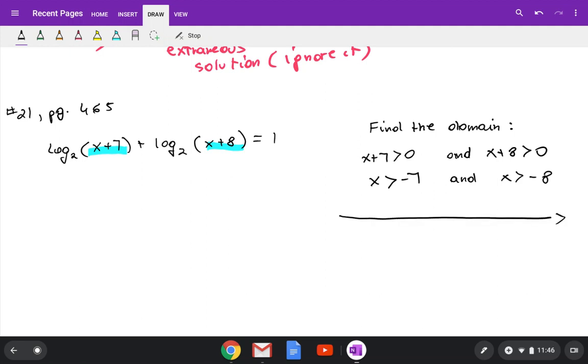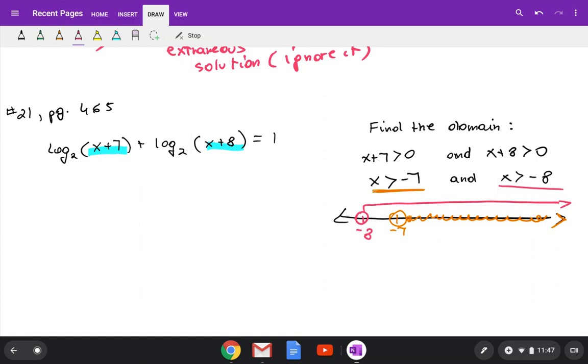So let's graph both of them together. In orange will be this, that x is greater than negative 7. This is negative 7. X has to be greater, so I'm shading everything to the right side. Okay. In red will be x is greater than negative 8. So this is negative 8. X has to be greater than negative 8.